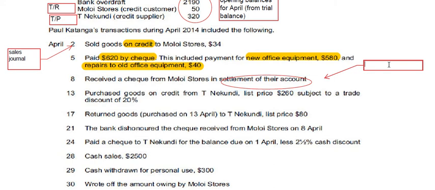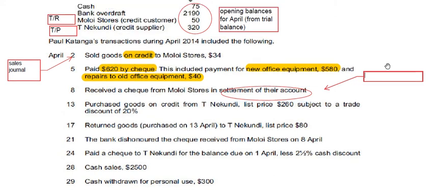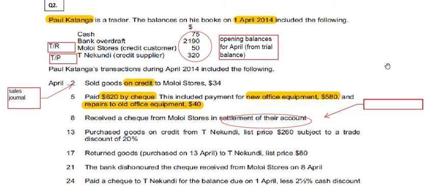You remember he's a TR, so let's go up first and see. He was owing you $50. This is the $50 he was owing you, and then on 2nd of April you sold him more goods, 34. So he owes you $84. So let's show this, 50 plus 34. This is what he owes you. So 84, and now you are receiving a check of 84 from him.